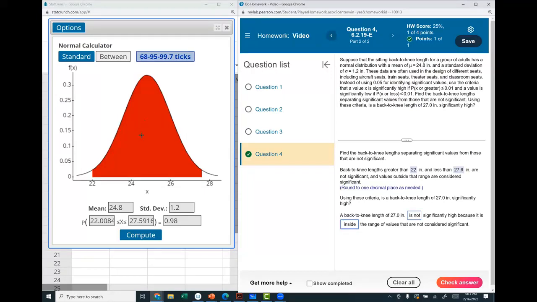Anything in here is not significant. These ends are the significant part. Let's check. Perfect. And so I think this might be a little bit easier way for you to do that last problem. I think there's something like this in your homework, not exactly the same. Okay, thanks a lot. Have a good one.